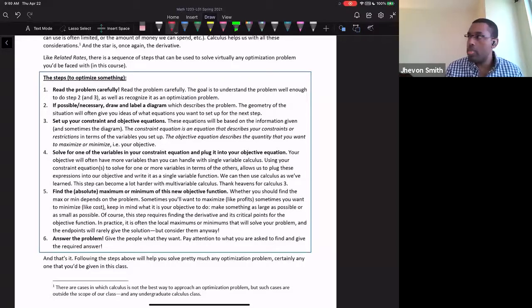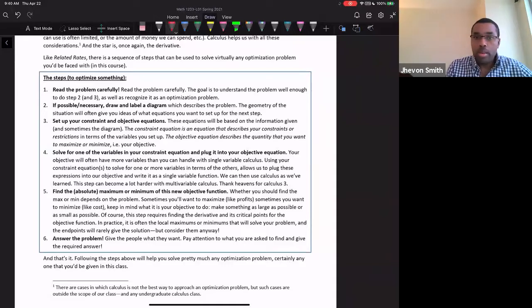And usually it's going to be the thing that tells you the given value. Oh, you only have 50 employees, or you can only create 5 products a day, or something like that. It's going to be a very specific value that's given to you that tells you these are my limits. I cannot pass this, right? And you're going to need an equation that describes that thing. That's called the constraint equation.